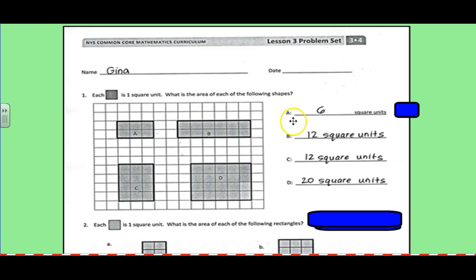So for example, if I were to choose rectangle A, on my square centimeter grid paper, I would make this rectangle that has 6 squares in it, and then I would also make this rectangle on my square inch grid having 6 squares in it. Because you can see the difference in the way that they look whenever you're using your square inches and your square centimeter grid. So I'm going to let you go ahead and do that.